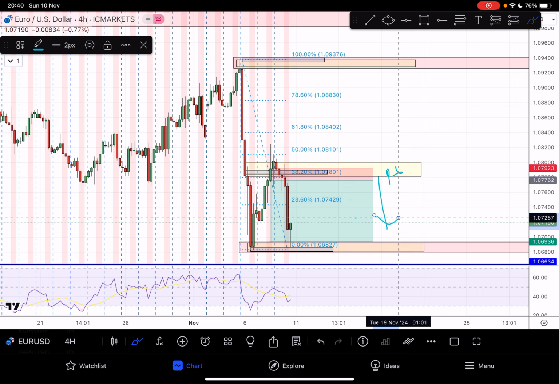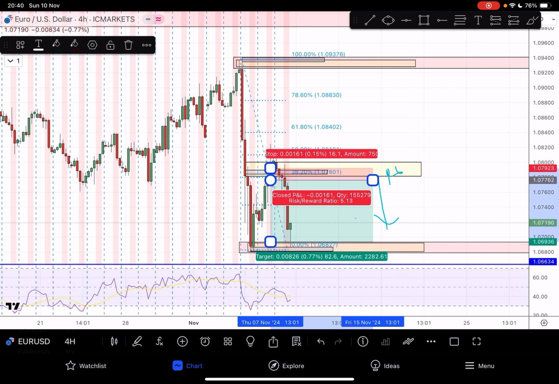I'll show you now if it works. Look at that. 16 pips to win 82. If you're trading £1 a pip, you're risking £16 to make £82. That was a good move. So let me just delete that now.